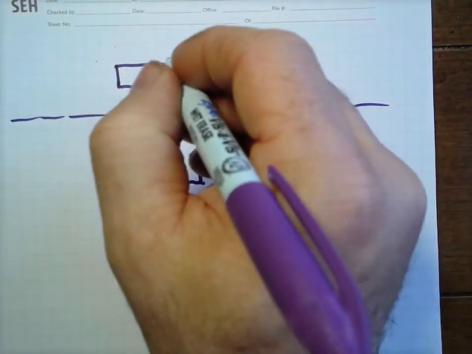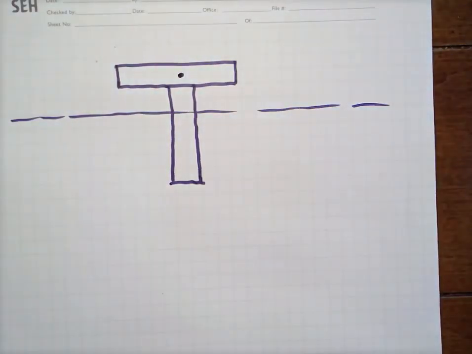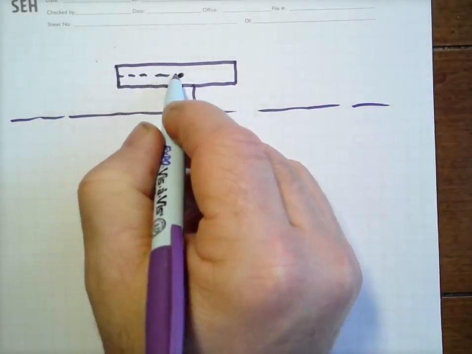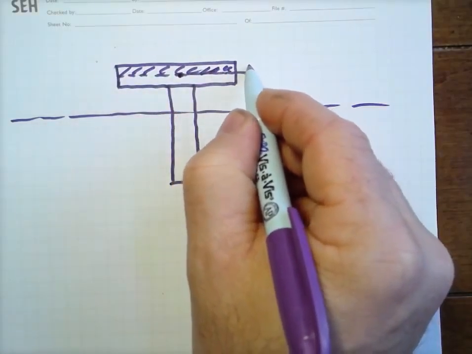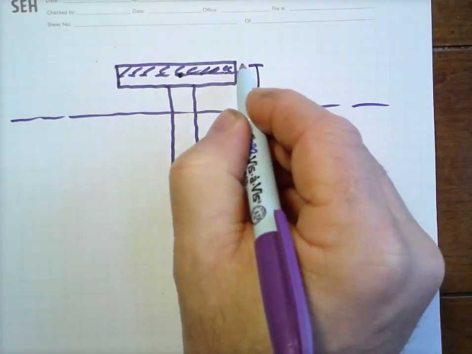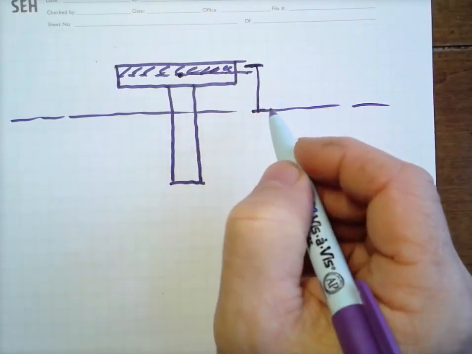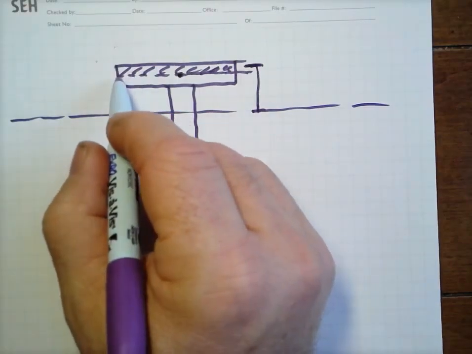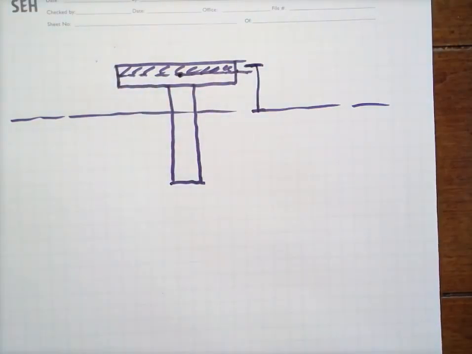Let's say we wanted to find the shear stress right here. Next we would find Q and multiply the area times the distance from the centroid of the area to the centroid of the beam. And then we would use T, and T would be this dimension right here.